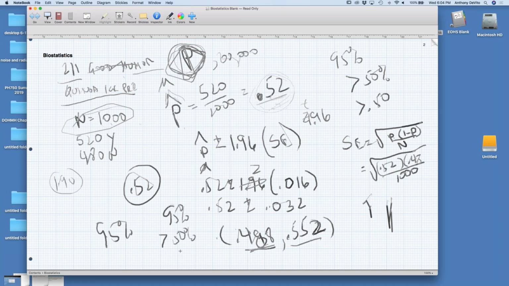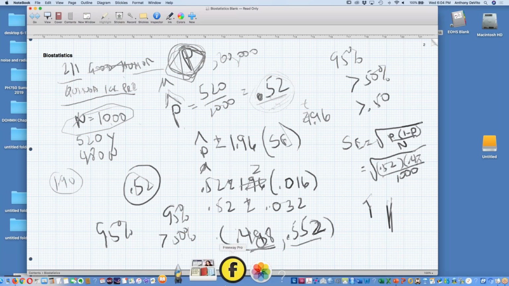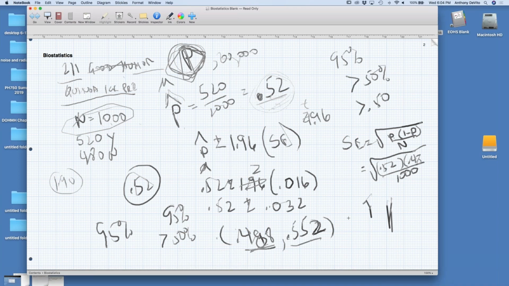Well, no, because it could be as low as 48.8% within that 95% confidence interval. I really would have needed a value outside of this confidence interval to say that it's different than 50%. Unfortunately, we didn't get that. So we don't know for sure that it's greater than 50%. Looks good, but we don't know for sure.